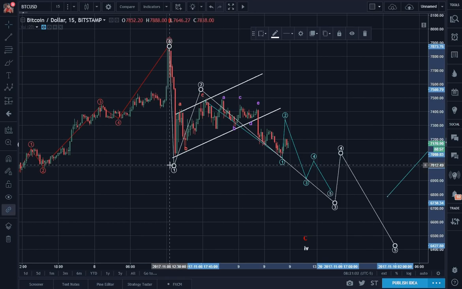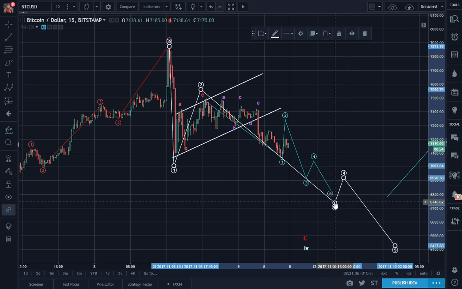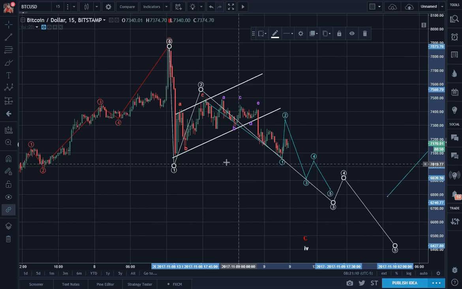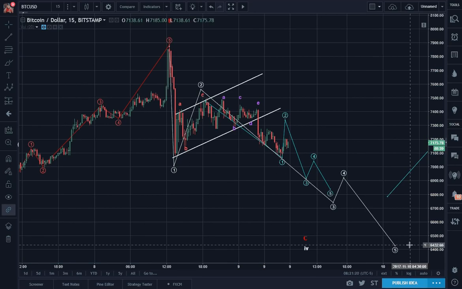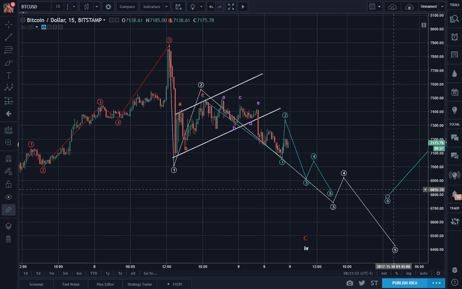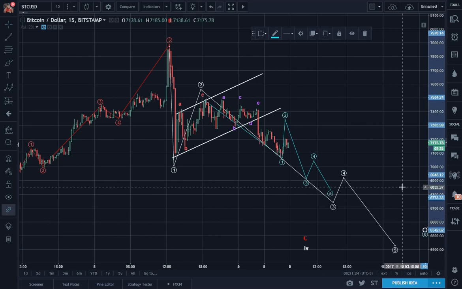Whoops, look at me. I made this mistake. 4 cannot overlap with the bottom of 1. It's okay to make mistakes, just correct them. Okay. That's what I'm seeing in one scenario.